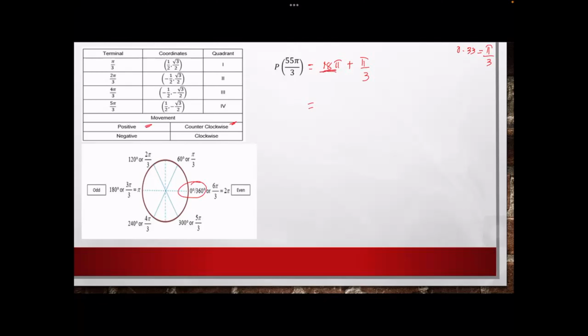So therefore, plus pi over 3, move ka lang ng isa. Yan. So mapupunta siya dito. So magiging coordinate na is 1/2 and the square root of 3 over 2. Yan lang. Question?